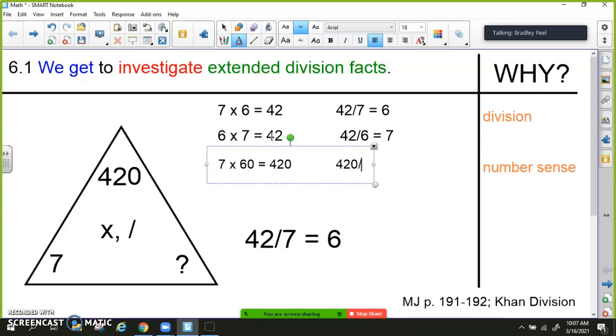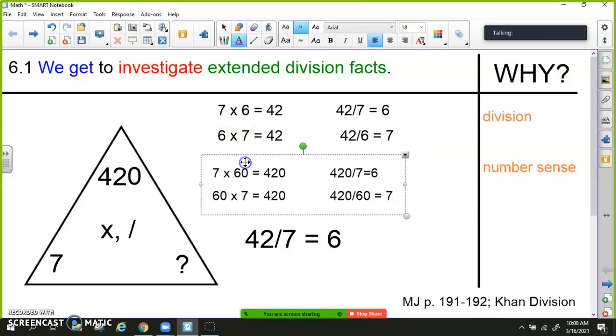420 divided by 7 equals 6. Another way to look at it, you could do 60 times 7, so rearranging those numbers is 420. We could look at it a different way as well: 420 divided by 60 also equals 7 in this case.